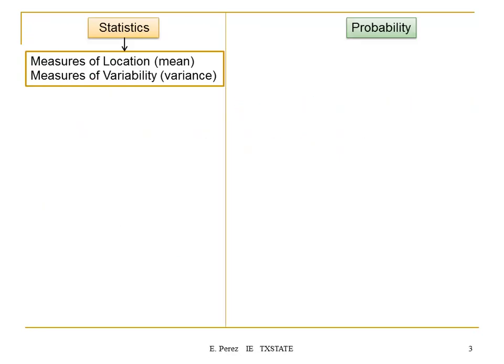So just as a matter of review, we're starting this class on the statistics portion. So we are covering the measures of location and the measures of variability. And I think the last thing we did in class was to cover how to compute the variance.